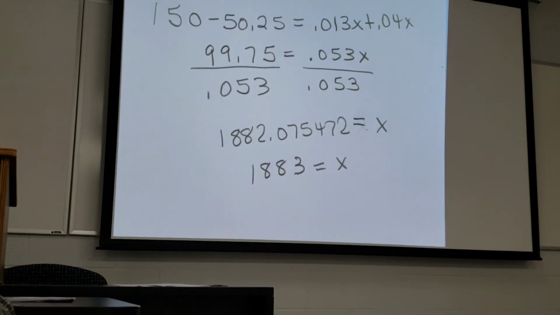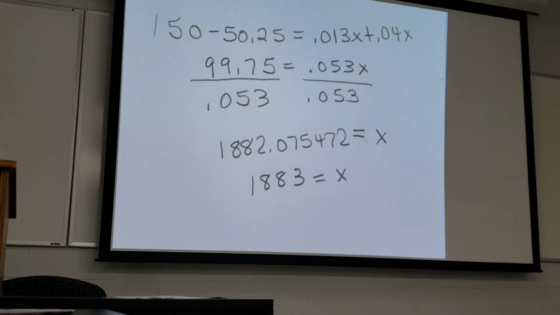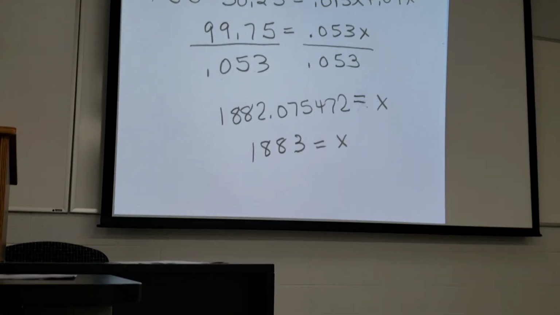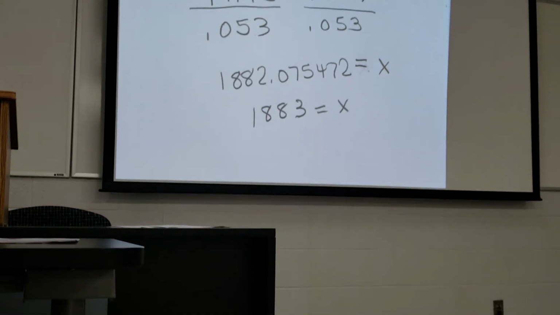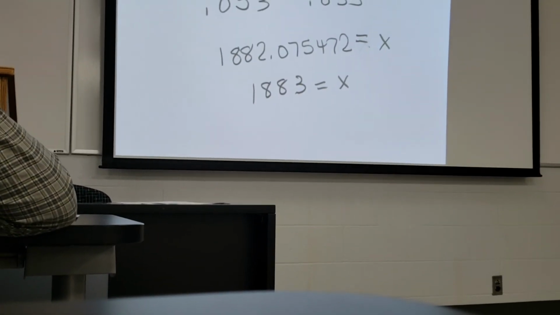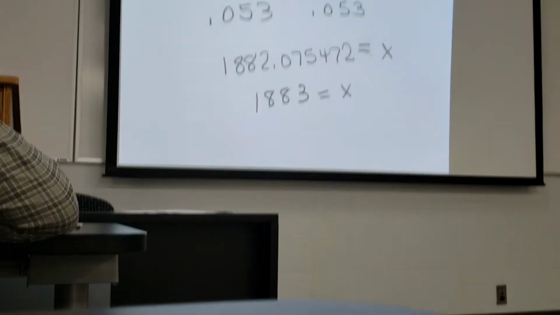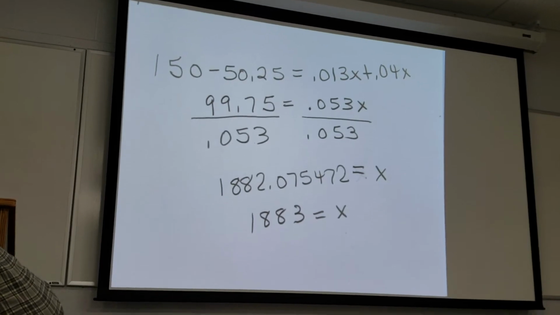Here's how you find the price. So it says I'm gonna produce 1,883 refrigerators. If that's what it is. But what price do I sell them for? So I'm gonna take this and put it into either equation.